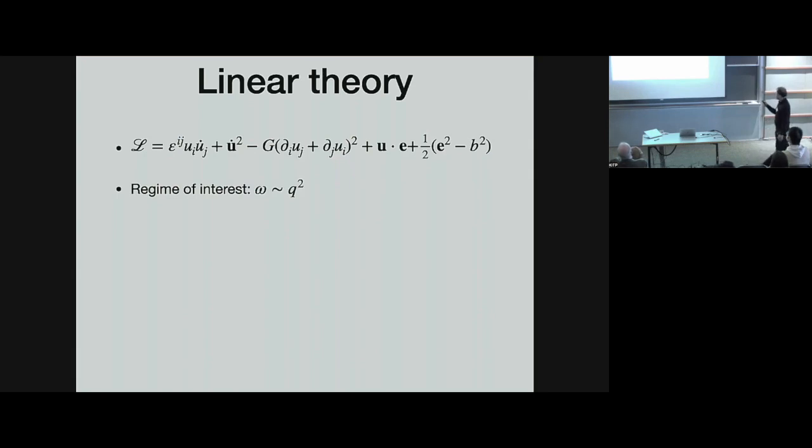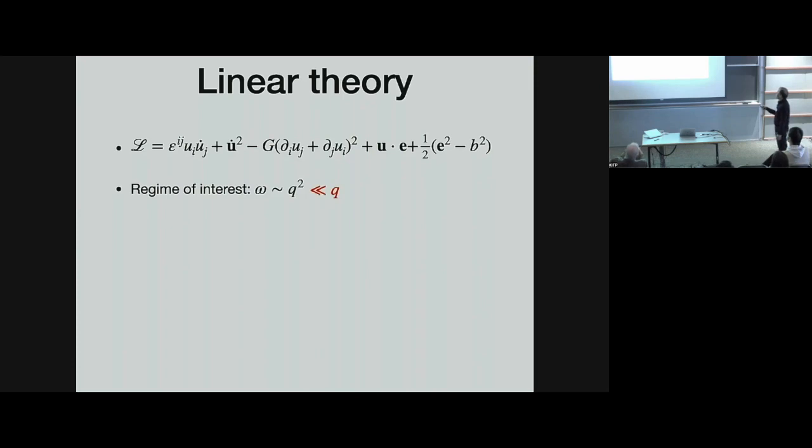Now I'm going to show you how it happens in a slightly simplified way of calculating. Diagonalizing this Lagrangian is possible, but one can also do the following shortcut. We know that at the end, omega is of order q square, and so that is much smaller than q.